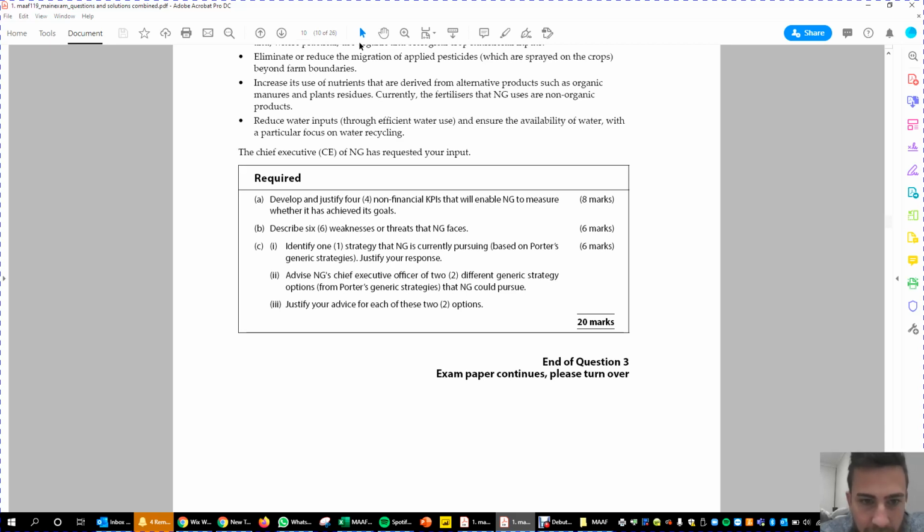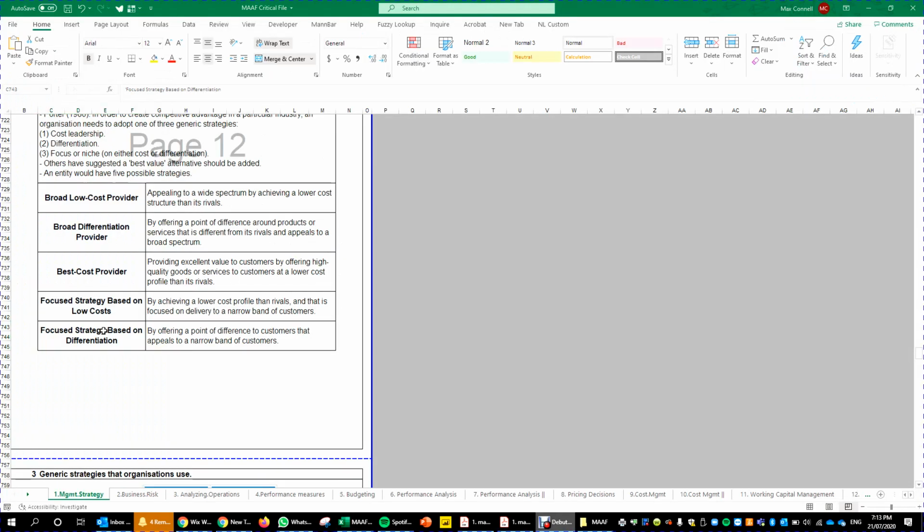Then the next part is we have to advise the CEO of 2 different generic strategy options that NG could pursue. If we go back to our notes and look at the potential options, we can differentiate based on the size of the market, the product itself, or the cost that we're offering.